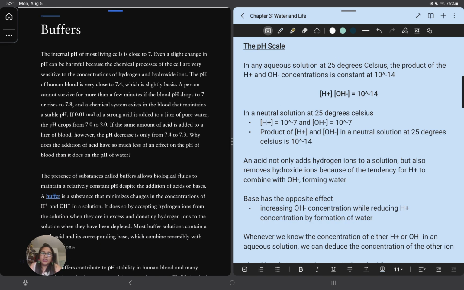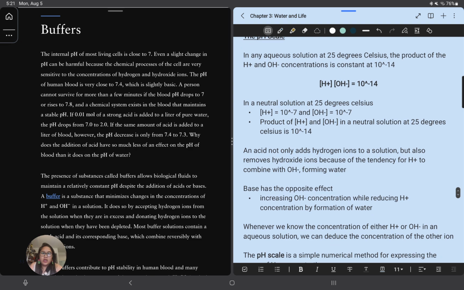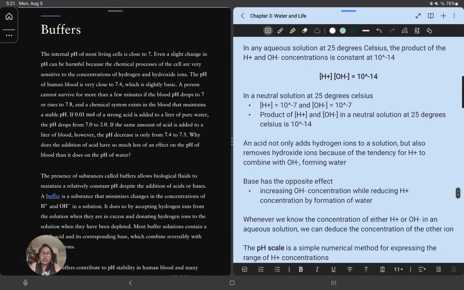So for the pH scale, this was a little confusing to read, but I think I made sense of it. In any aqueous solution at 25 degrees Celsius, the product of hydrogen ions and hydroxide ions is constant at 10 to the negative 14th.